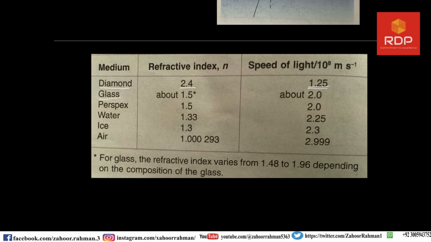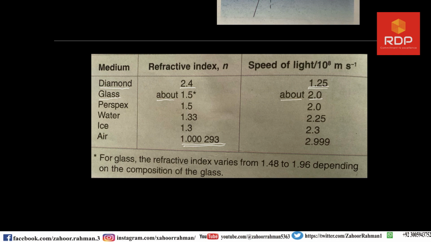That is why the speed here is 2 into 10 raised to the power 8. Similarly, perspex, water, ice, air. Air has the smallest refractive index.